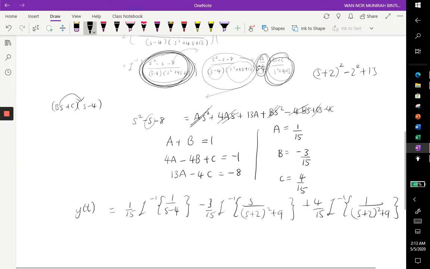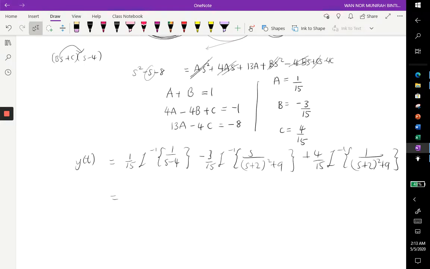This kind of question is a tricky one. Okay, it's fine. This question tests your skill and your understanding of applying many properties. The Laplace inverse of the first term is e to the 4t, times 1 over 15. Minus 3 over 15, then look, we have another problem here.